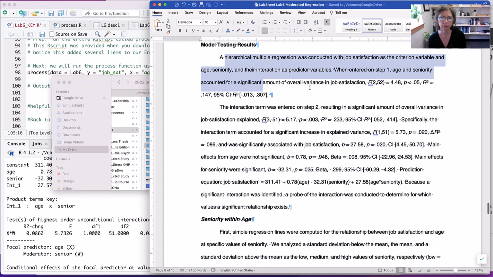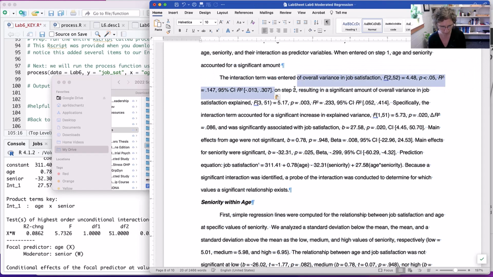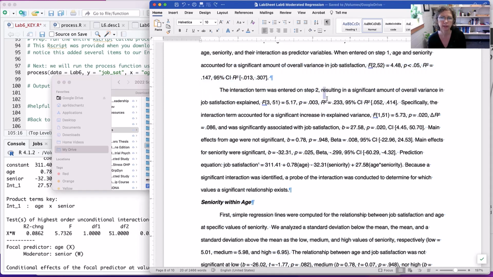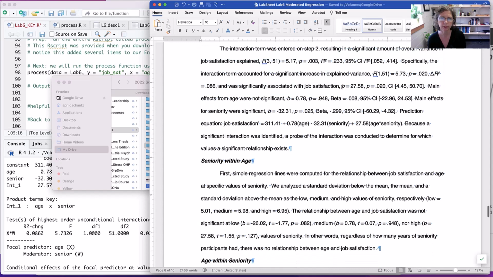We got the overall variation for job satisfaction, but then the interaction term was entered on step 2 and resulted in a significant amount of variance contributed. And then the actual regression coefficients. So we have the coefficient unstandardized, we have the significance, we have the 95% confidence interval for this, and then the main effects that were not significant.